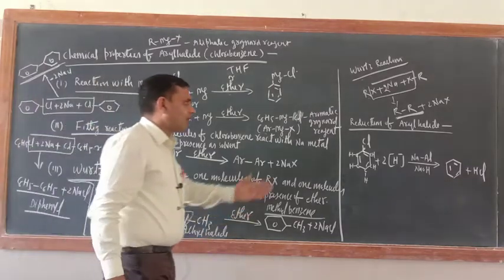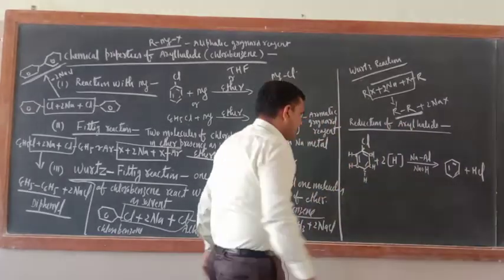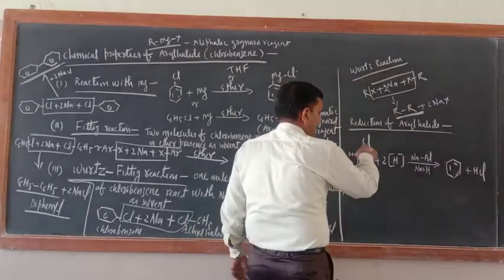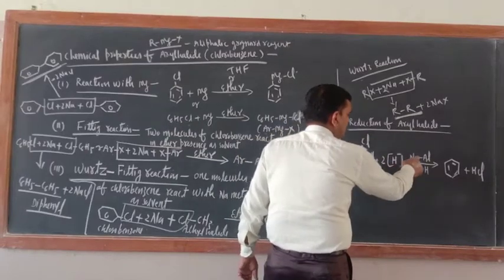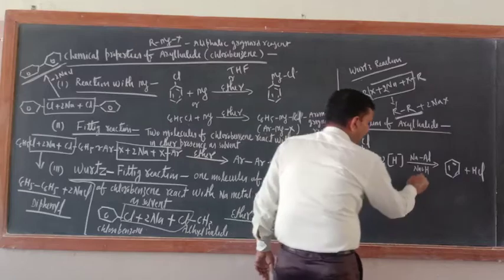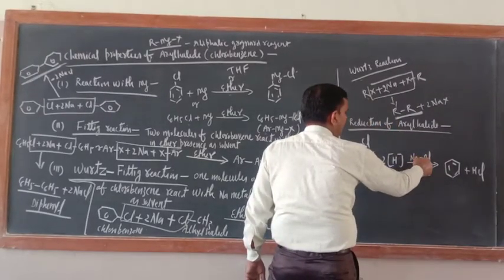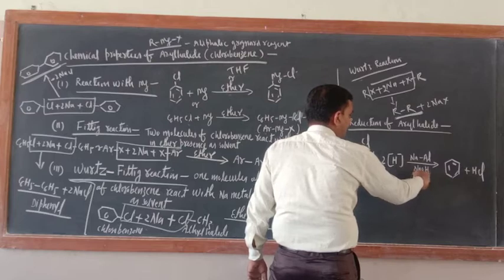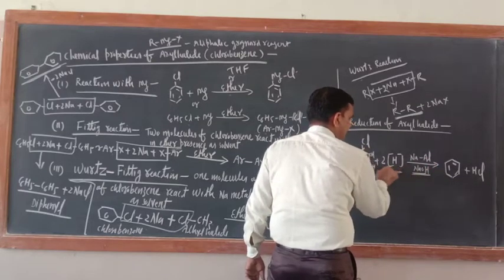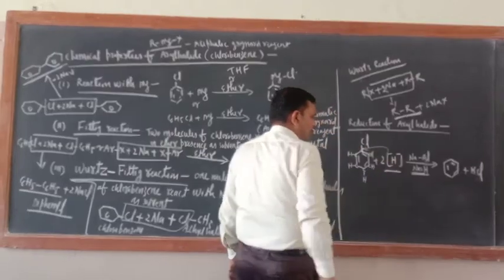Okay. Now reduction of aryl halide. Just see, this is chlorobenzene. Now sodium aluminium alloy you have taken in presence of NaOH. So they will react, sodium aluminium alloy reacts with NaOH and they will produce nascent hydrogen. So one nascent hydrogen will go here.